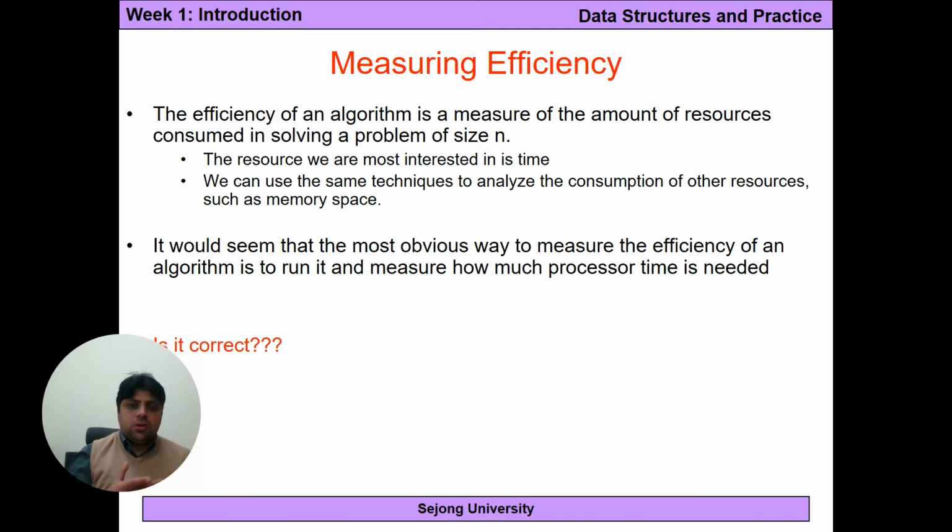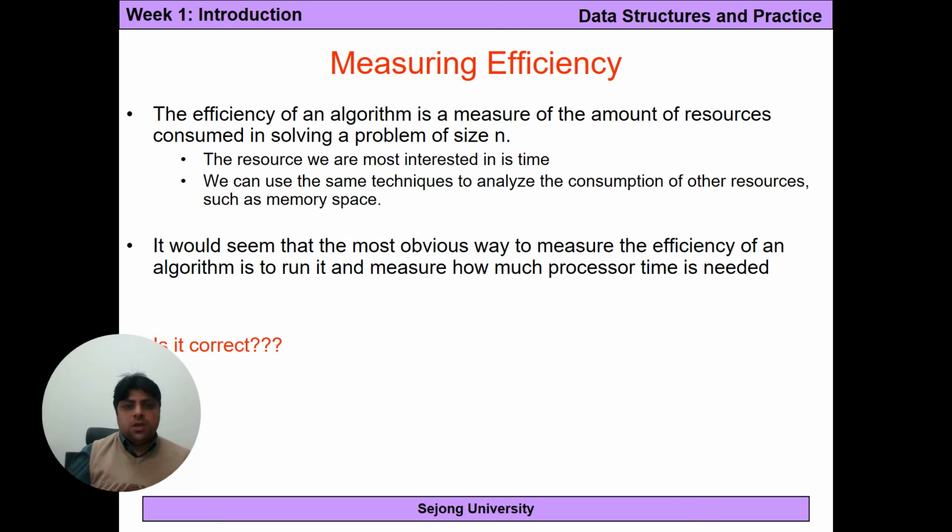If we are running the same program on two different machines, the machine that is a good one, having higher specifications, would consume less time, and the machine that has lower specifications would consume more time.